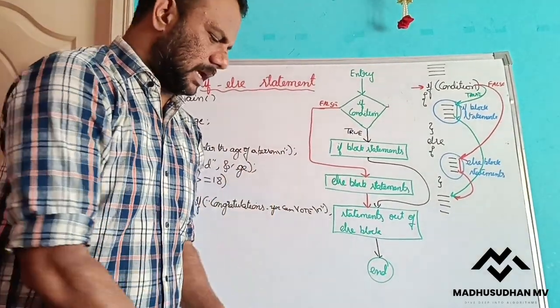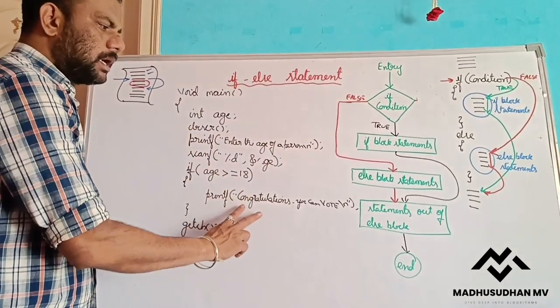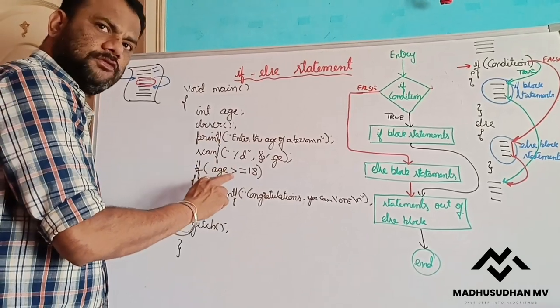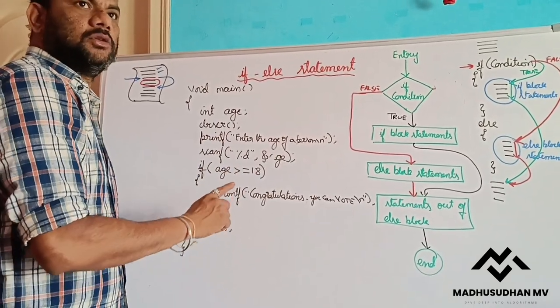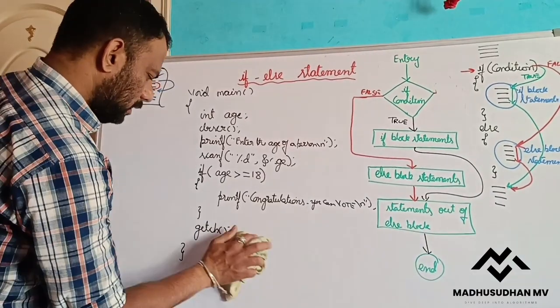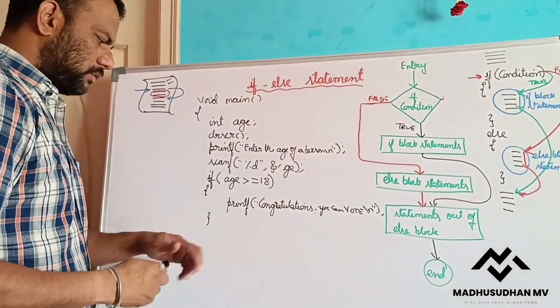Now under the same example, see what I did. Here I printed only "Congratulations, you can vote" when the condition is true. Now I include, if the condition is false, I write "So bad luck", or some other message I'll print. For that, I will just change this one. Now if the condition is true, this one.